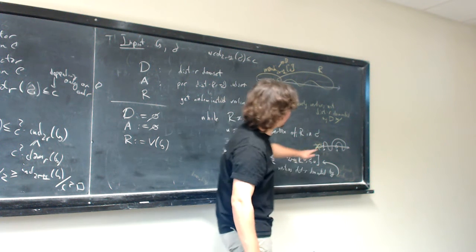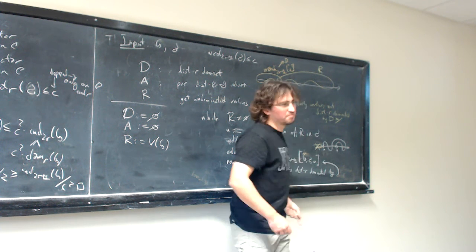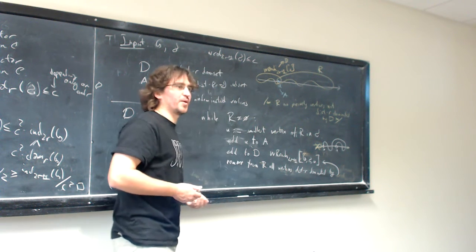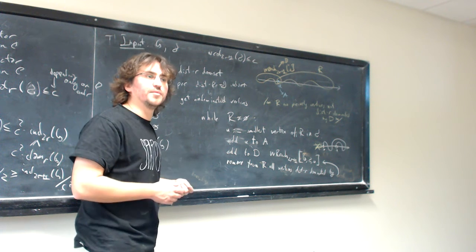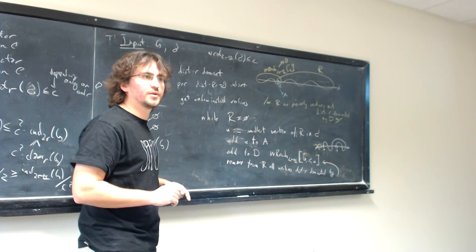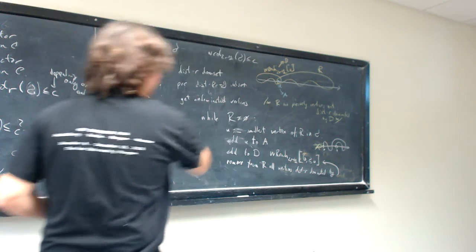Then I just check every vertex V to see whether it's weakly reachable from U. This is maybe suboptimal, you can probably do it in linear time, but we are just aiming at polynomial time now, so we don't care. Good. So this is our greedy algorithm.